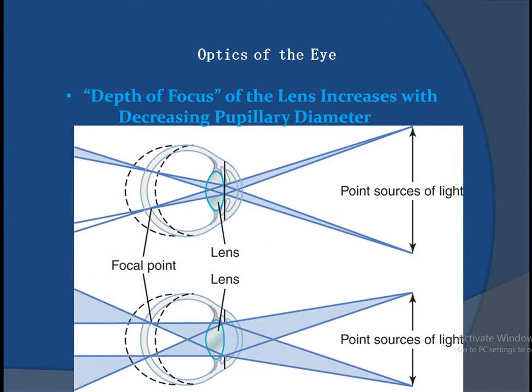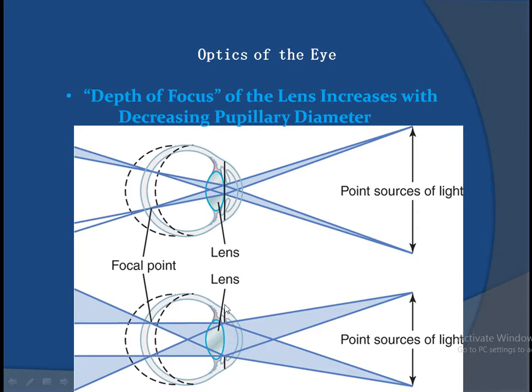The depth of focus of the lens increases with decreasing pupillary diameter. You can see this clearly if there is a change in the pupil. How? The light rays are here.